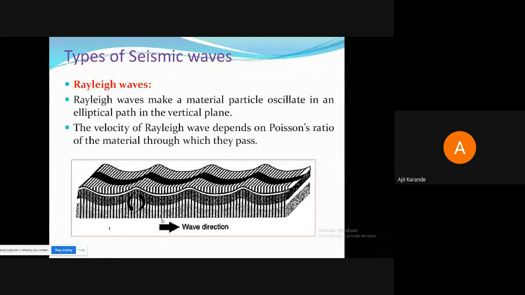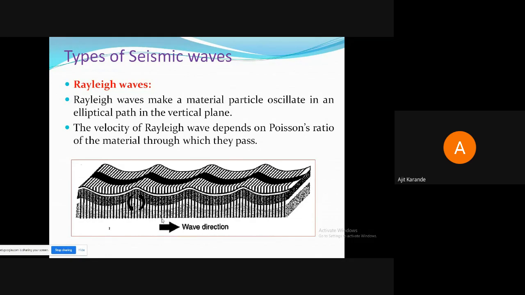Then the next one is the Rayleigh waves. Rayleigh waves make a material particle oscillate in an elliptical path in the vertical plane. So as far as Rayleigh waves are concerned, the movement of the earth surface is only associated with the vertical plane. In the horizontal plane, there is no movement or any type of displacement.